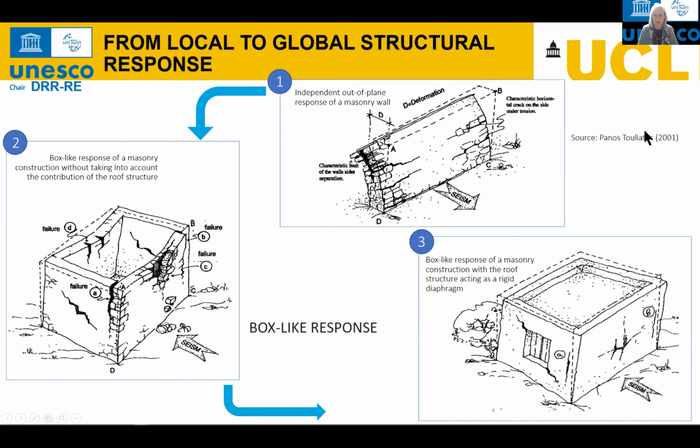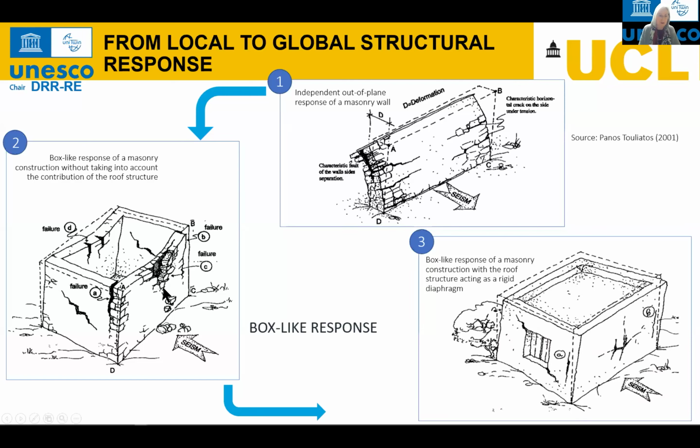So how can we summarize these observations in a way that then takes us to an actual structural model? I think the sketches by Professor Touliatos are very useful in this respect, because we can easily see that an isolated wall will overturn, basically working, in engineering terms, as an isolated cantilever.